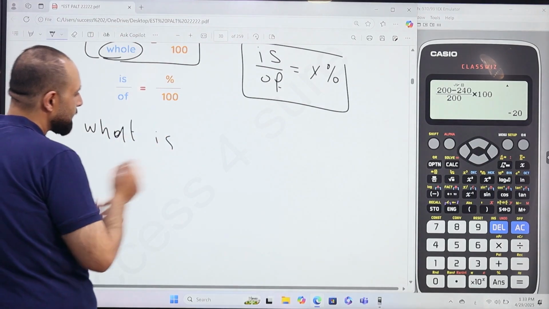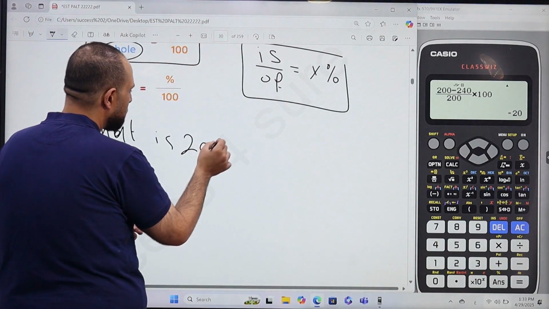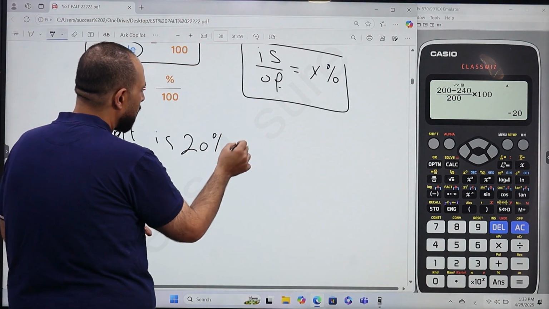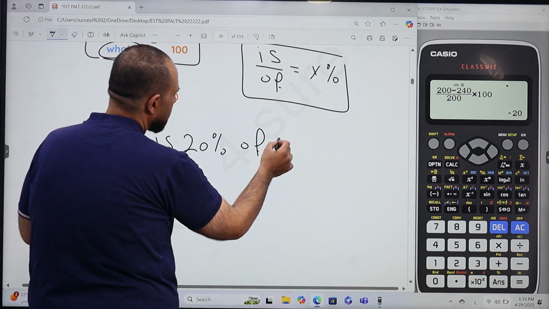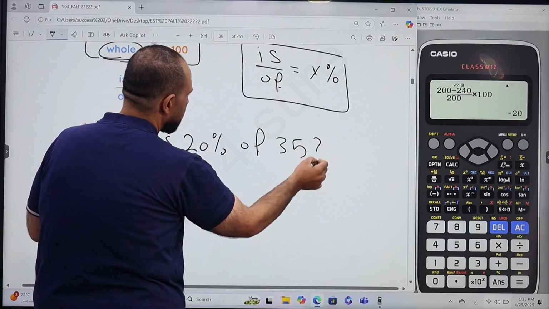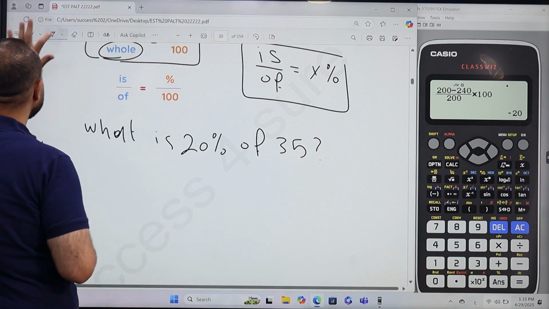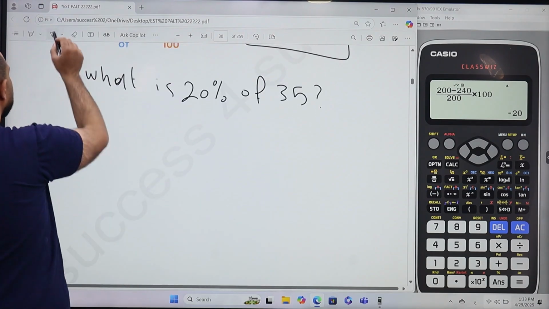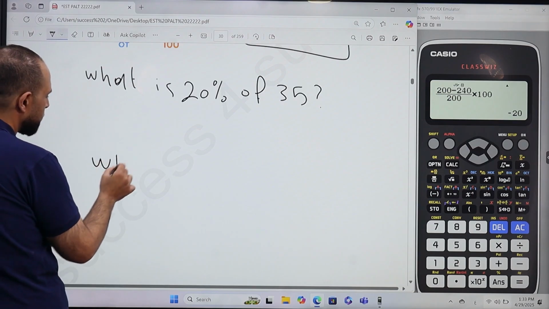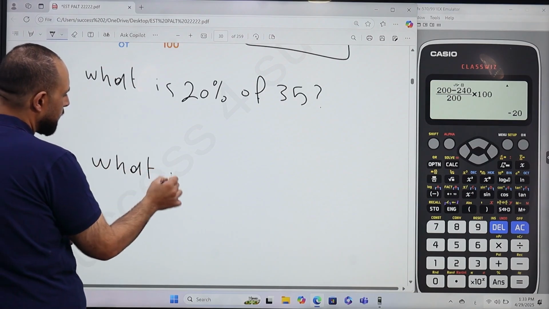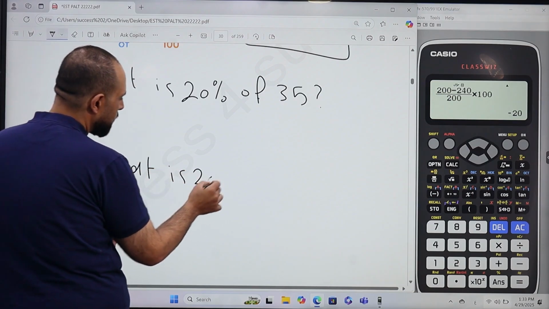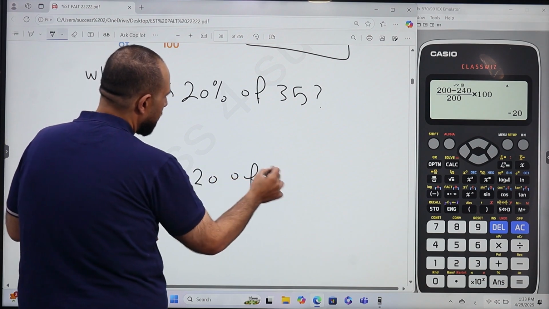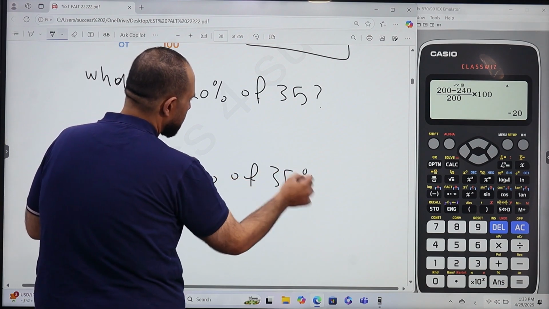The first form, he says, what is, as an example, 20% of, as an example, 35. The next one, what is 20 of 35%.